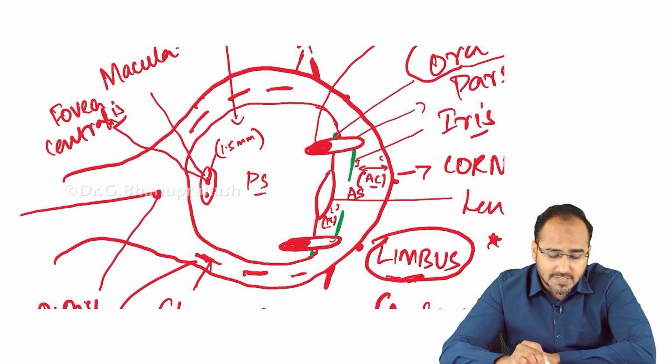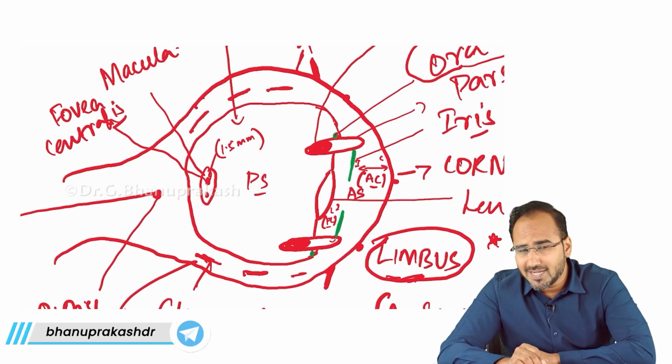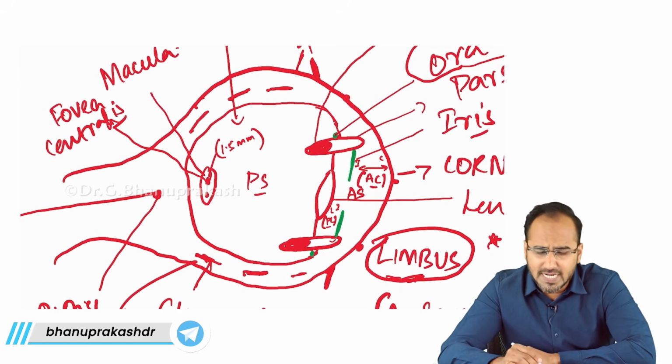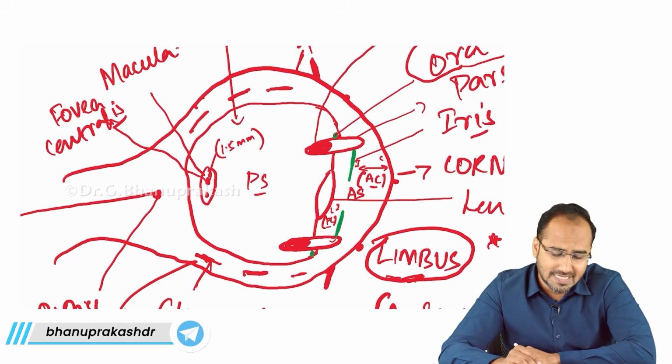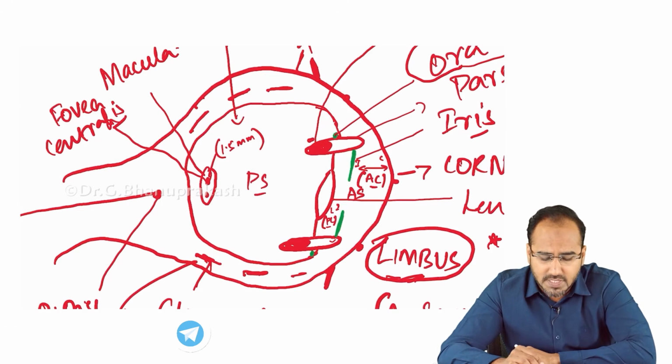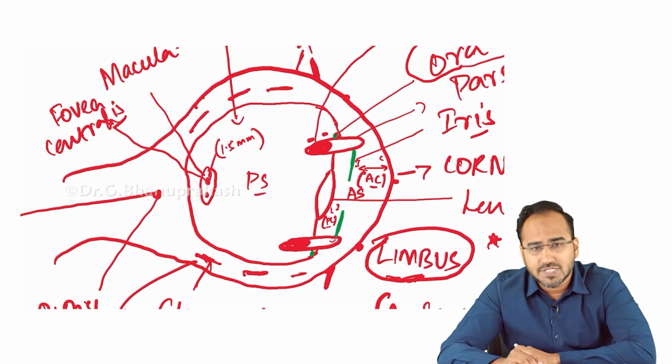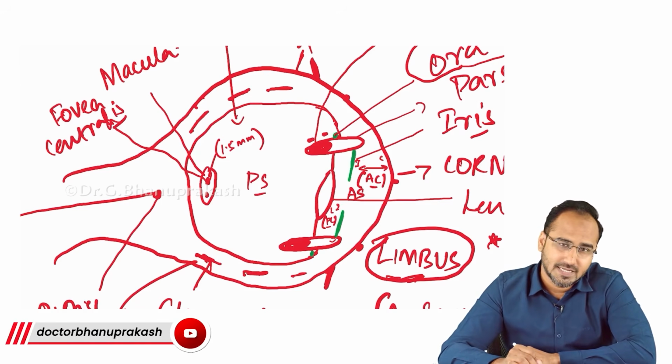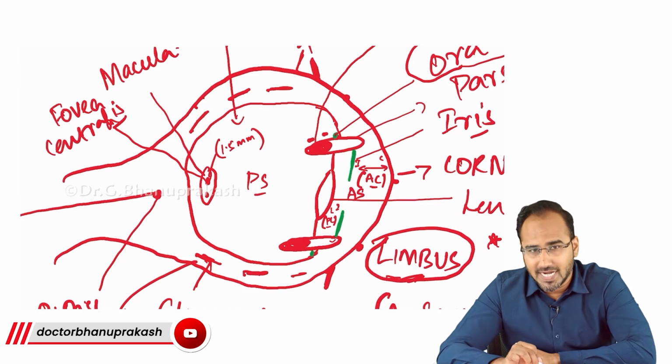Next, after retina, what else do we need to remember? The junction between the retina and the ciliary body, which we have already discussed, is called the ora serrata. Then I told you that the ciliary body is divided into two halves: pars plana and pars plicata.